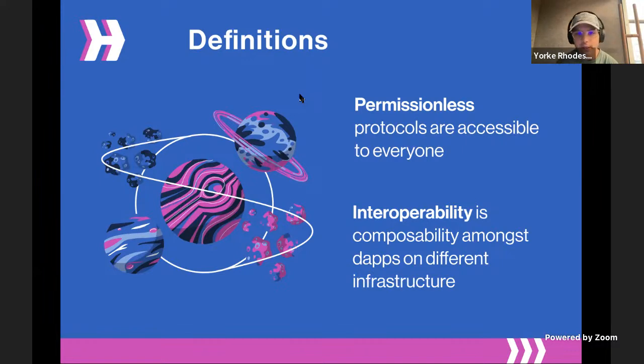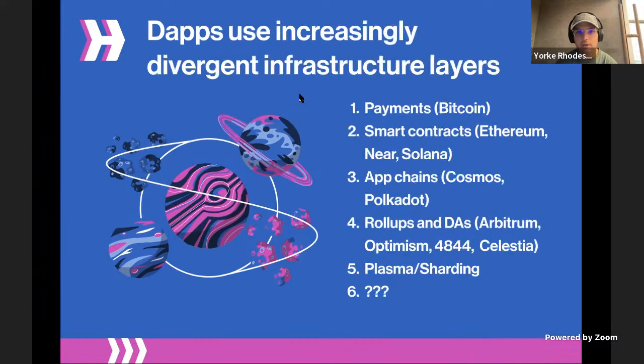I'm going to set the scene with what's been going on in the Ethereum ecosystem and crypto in general for the past decade or so. The way I like to think about it is, as dApps, decentralized apps, have evolved, they're using increasingly divergent infrastructure.